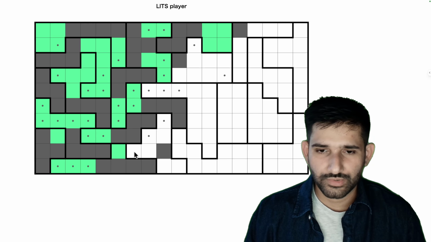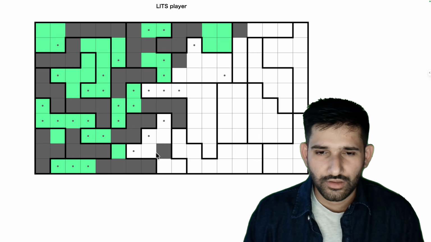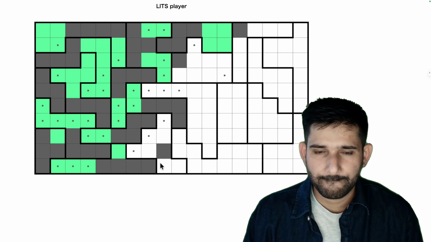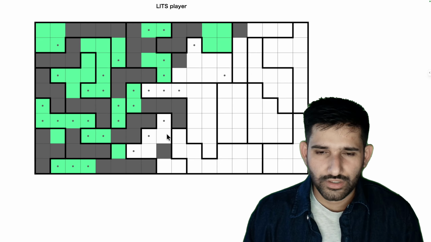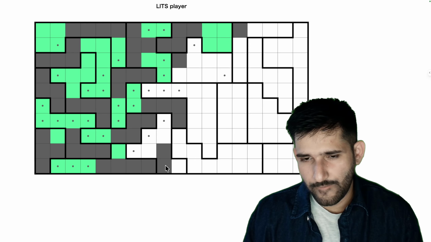That's right. Now this one cannot be shaded because then it's going to make another 2 cross 2 region of all four shaded cells. Now, what is it? It has to contain this cell.